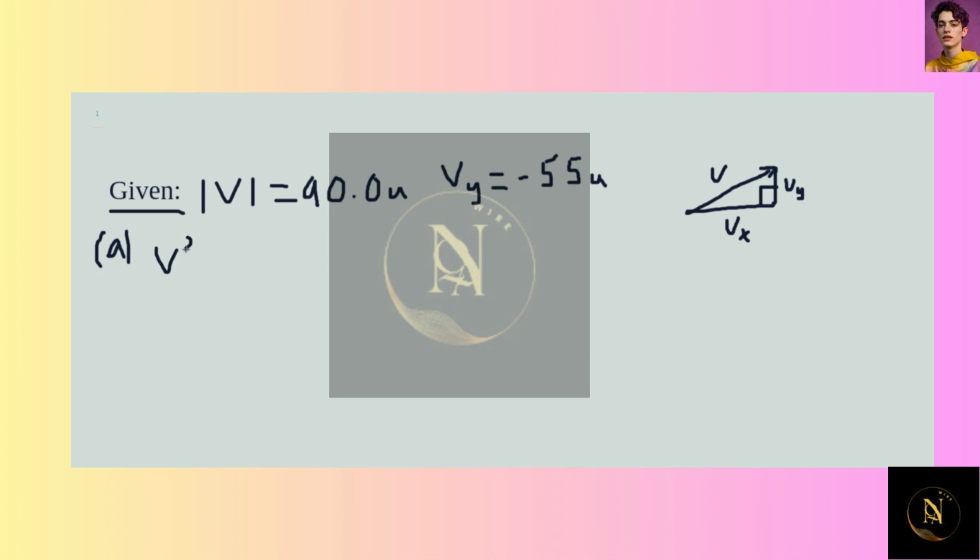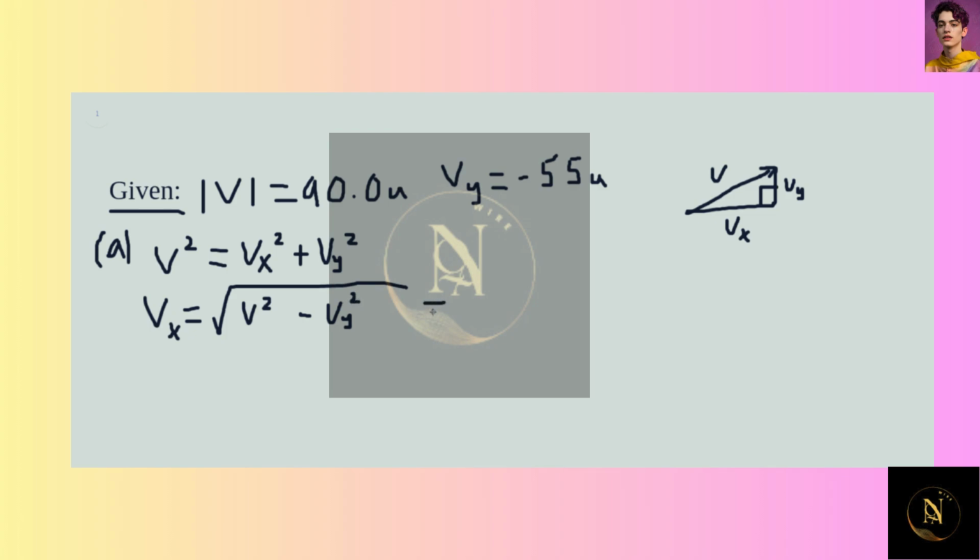So v squared, according to the Pythagorean theorem, is equal to v sub x squared plus v sub y squared. Thus, v sub x is equal to the square root of v squared minus v sub y squared.